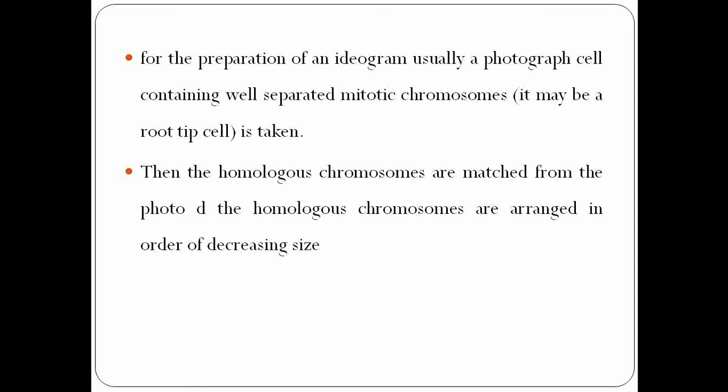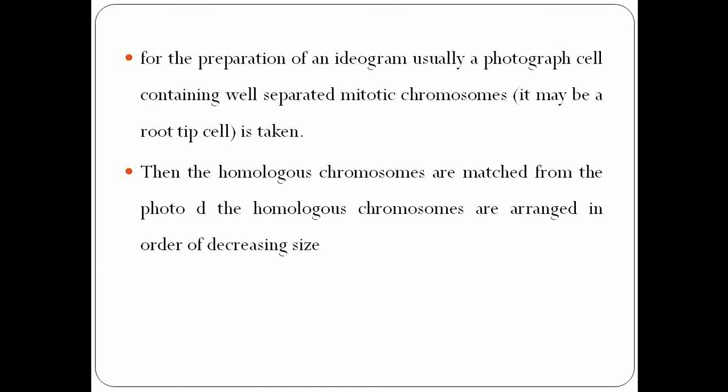That pairing we call a homologous chromosome. So the first thing when we get the photograph is to match the chromosomes according to their length and prepare the pairs. According to the decreasing size of the length of the chromosomes, you have to prepare one chart of the chromosomes.